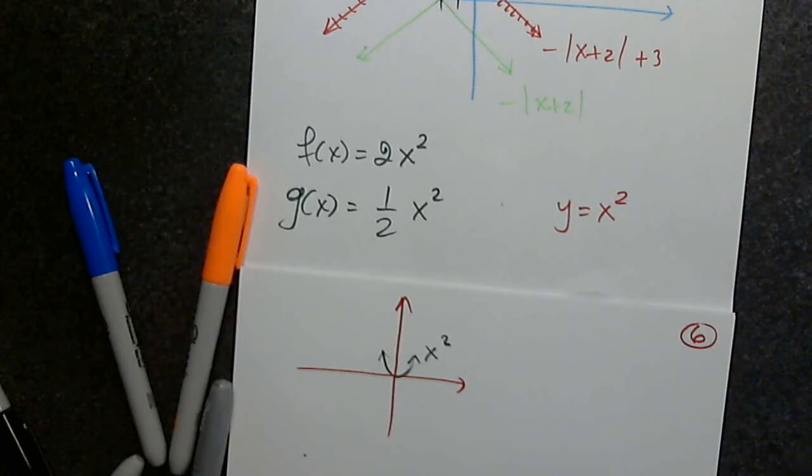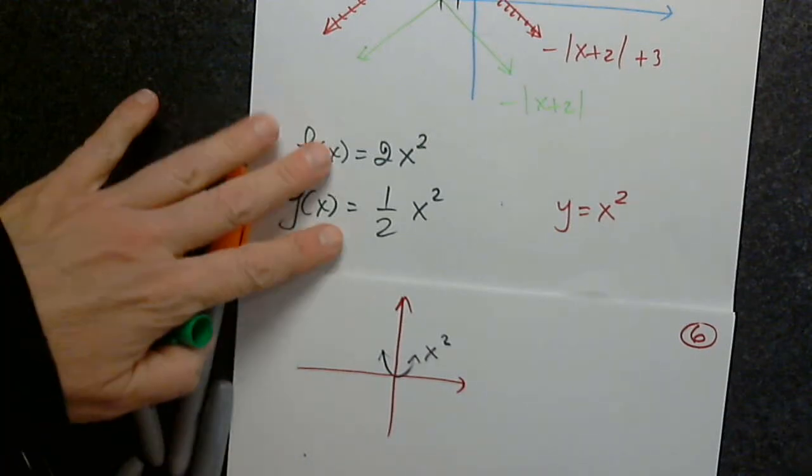What about x squared to 1/2 x squared? What would that do? All heights get divided by 2 because it's a transformation on y. So this is x squared. This is twice x squared. This is x squared. This is 1/2 x squared. Yes? Okay.